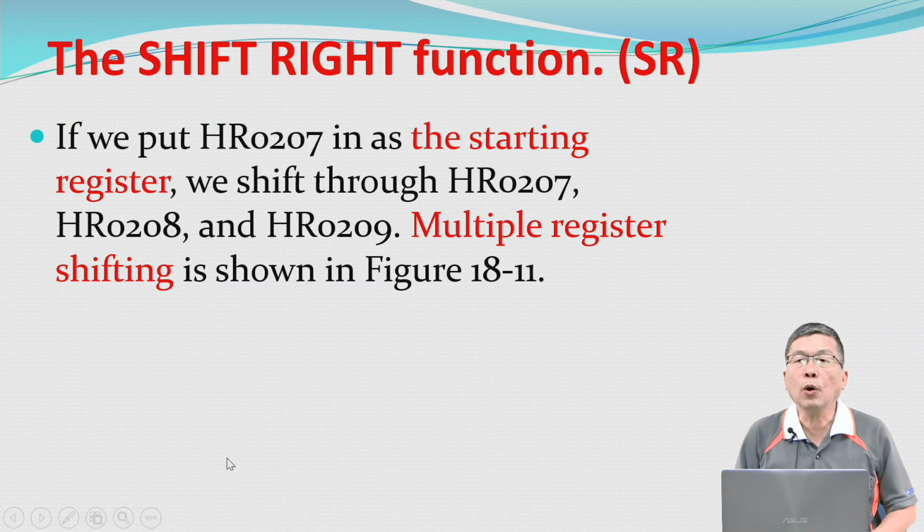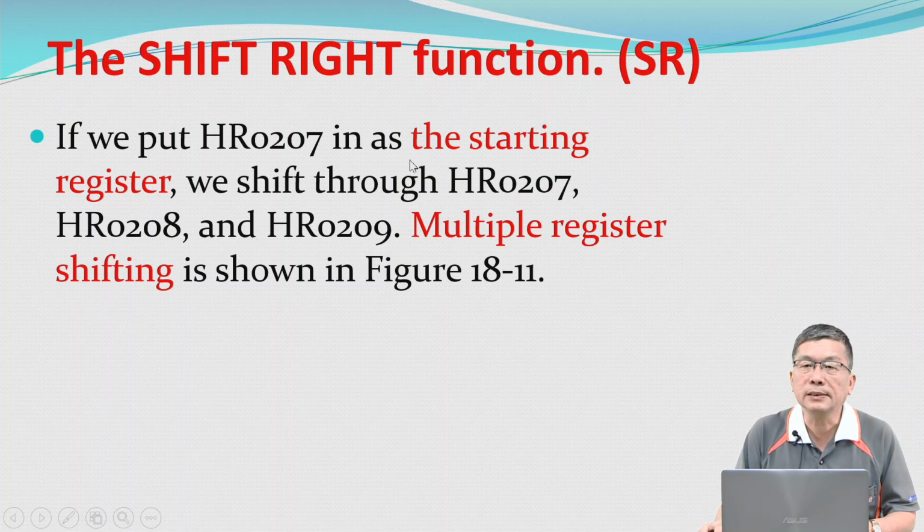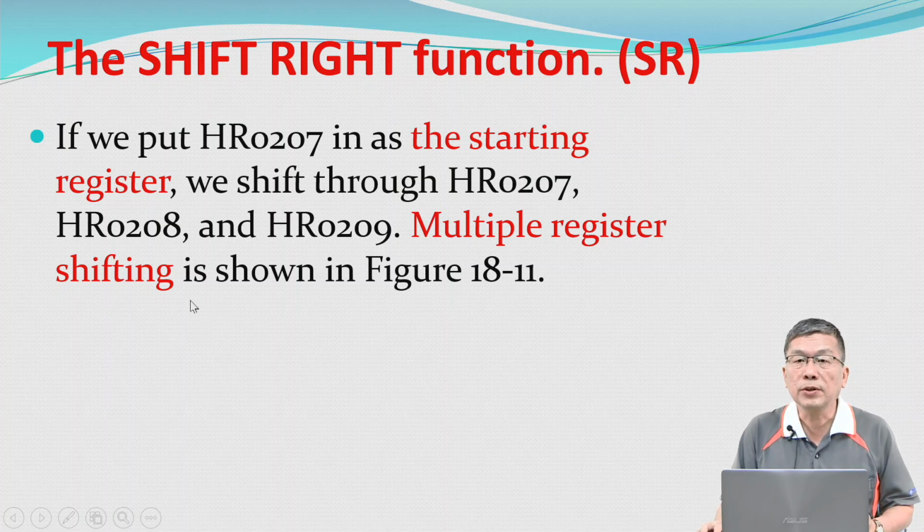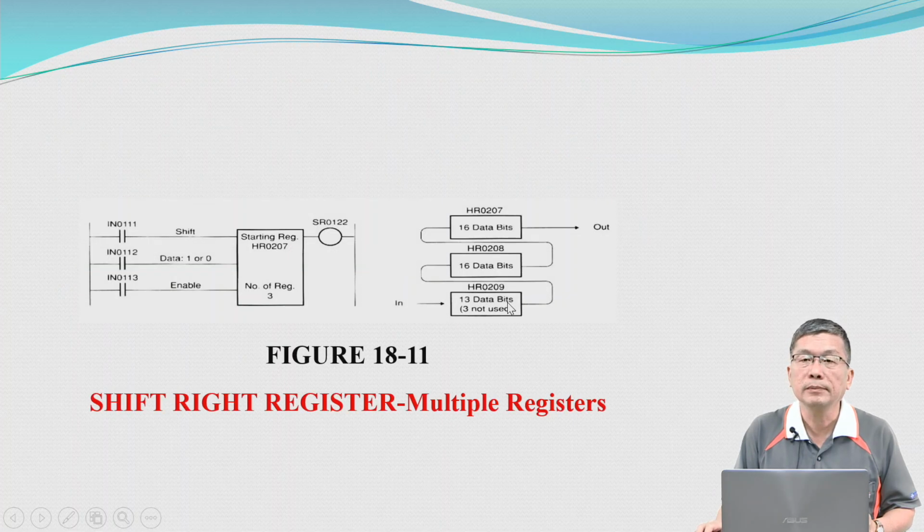If we put holding register 207 in as the starting register, we shift through holding register 207, holding register 208, and holding register 209. Multiple register shift is shown in figure 18.11. This picture shows shift right register, multiple register.